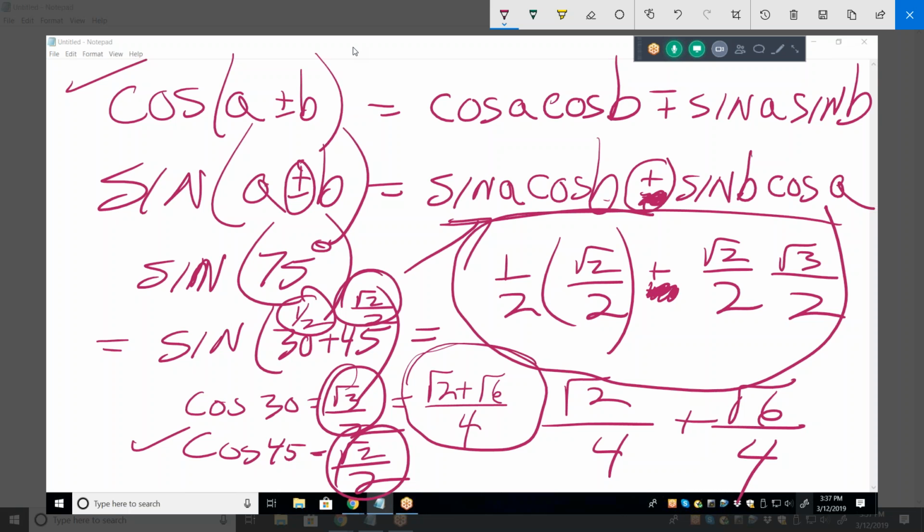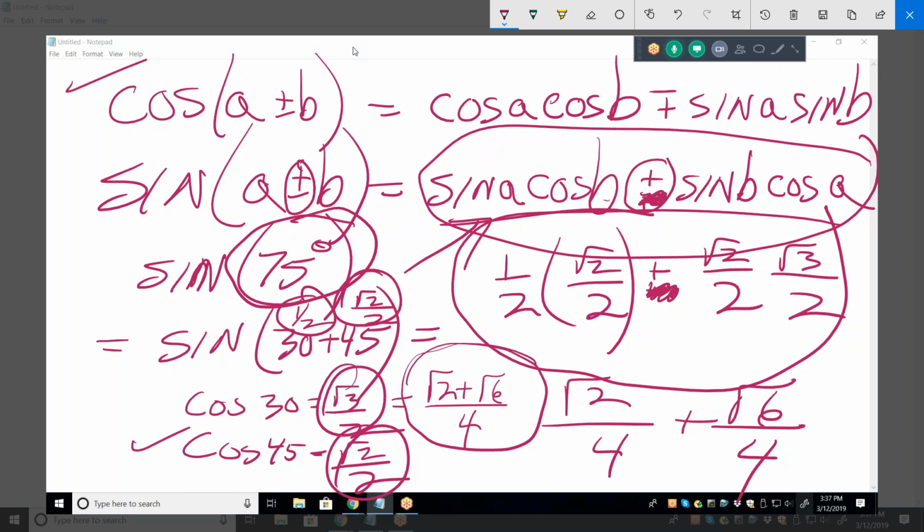In other words, whatever you're doing in this angle here, if I'm adding 30 to 45, then I'm adding those two things up there. If I'm subtracting, if I had, say, let's say I had 150 minus 75, which you wouldn't have because you don't know what the sine of 75 is. In other words, what you want to do is use angles that you are familiar with, what their sine and cosine are.